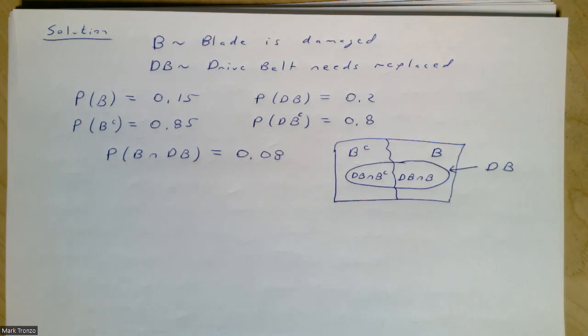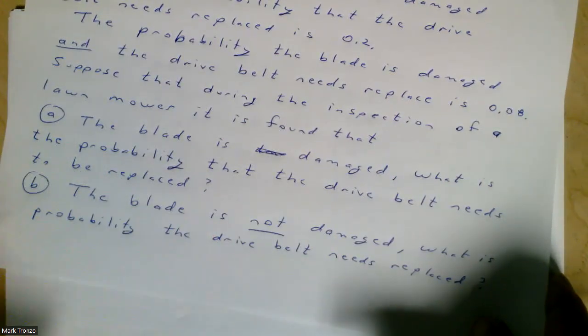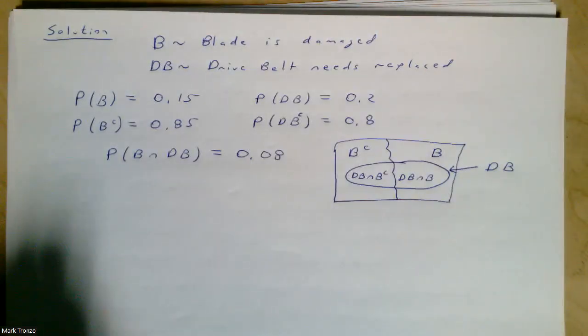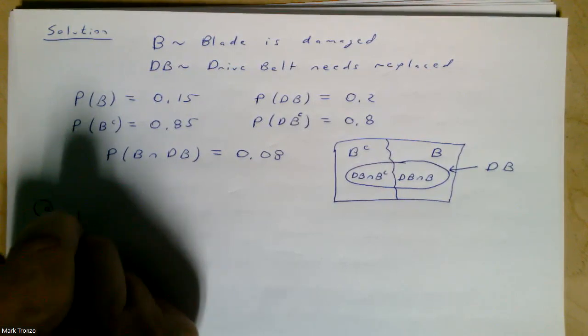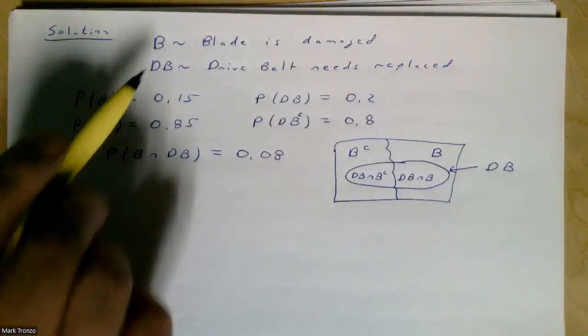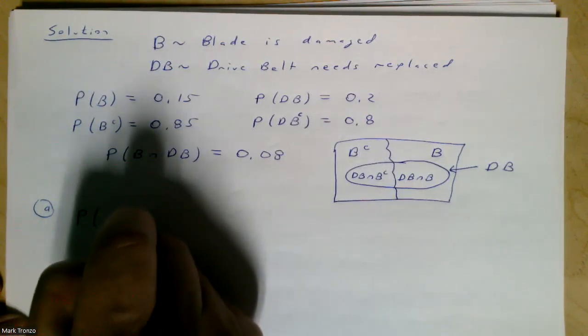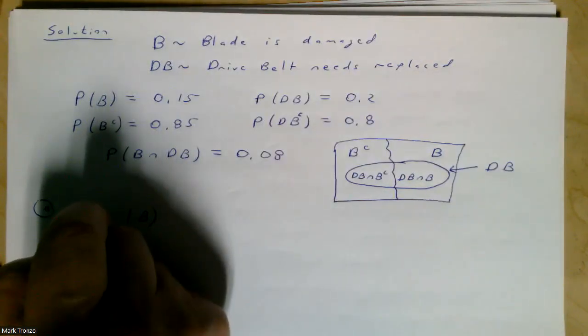So let's try the first part of that question. Given the blade is damaged, what is the probability that the drive belt needs to be replaced? We know that the blade is damaged, so that's the event we're calling B. And what's the probability that the drive belt needs to be replaced?